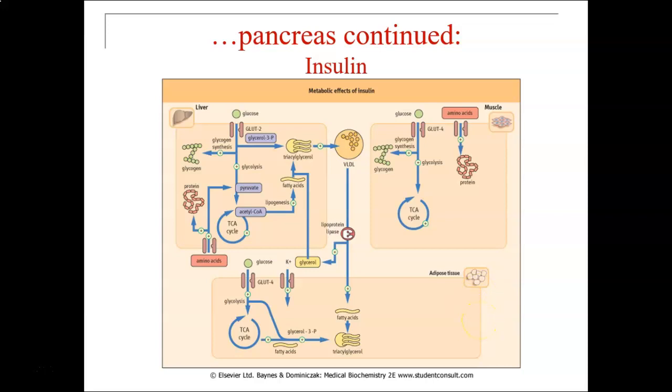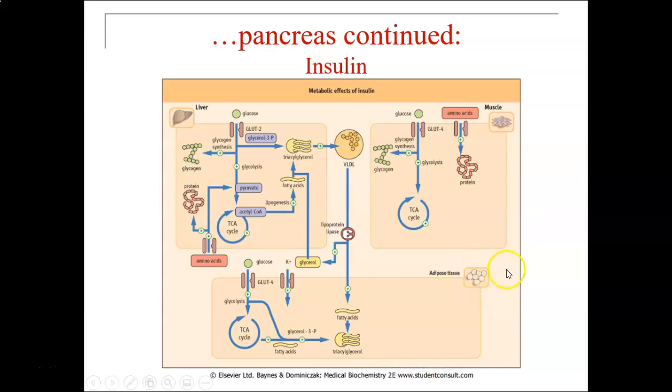So when we talk about the terminology for a second, insulin is going to stimulate lipogenesis. I prefer lipogenesis: lipid, genesis, generation. So it stimulates the generation of fat tissue.